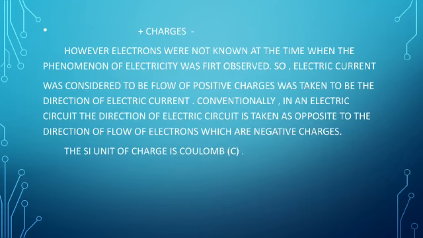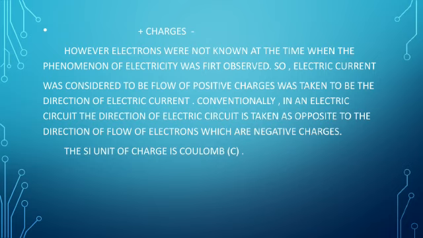Now, what are charges? However, electrons were not known at the time when the phenomena of electricity was first observed. So, electric current was considered to be the flow of positive charges, and this was taken to be the direction of electric current.